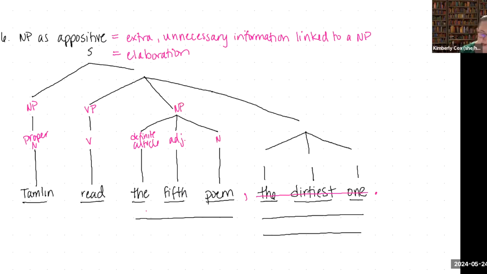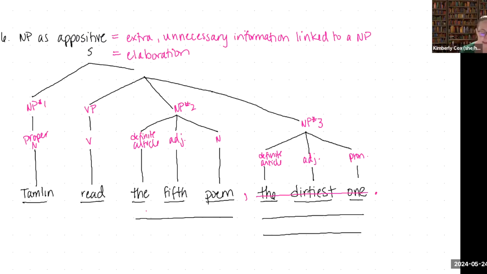So we have number 1 and number 2 so far. Once again, we have a definite article. Dirtiest, we have an adjective, and one is technically a pronoun. And so that means that we have our 3rd noun phrase. So now that we have the form of all of the words, and I know it's a little strange, I am going to leave the dirtiest one crossed out just so that it jogs your memory that it's non-essential information.